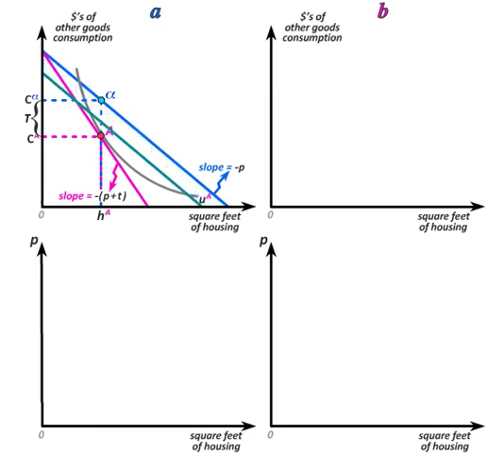The highest possible lump sum tax that we could have extracted from this consumer without making her any worse off than she is under the housing tax would involve shifting the blue budget constraint inward in a parallel way until it is tangent to the after-tax indifference curve at bundle B. And the vertical difference between the blue and the green budget lines represents the lump sum tax payment that would be made under such a lump sum tax.